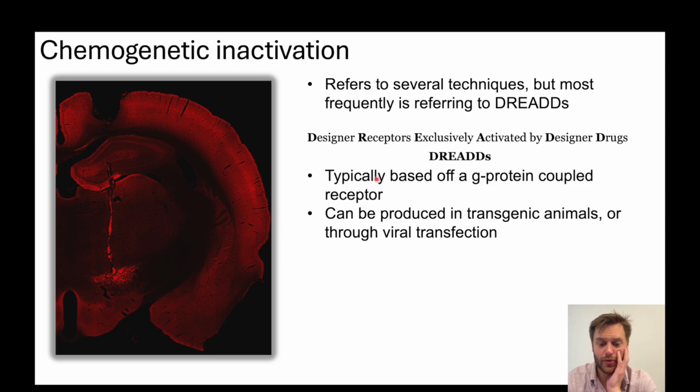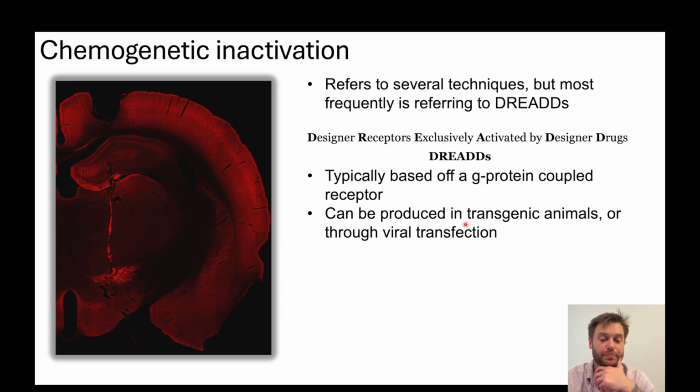You can also do it through viral transfection, which is another way to manipulate genetic expression. It's just that instead of breeding it into the animals, which is what transgenic manipulations are referring to, you're injecting it into the animal after the animal's already alive and grown, typically.